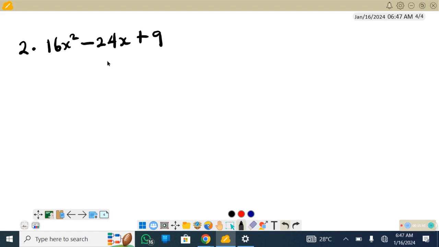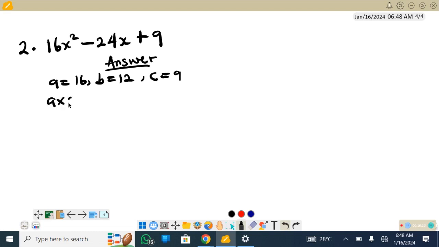So first thing we need to do is to find our A, B, and C. So A is 16, B equals to 12, and C equals to 9. So the next thing to do is our step 1, which is to find the product of A and C. So the product of A and C here will give us 16 times 9. So 16 times 9, that will give us 144.